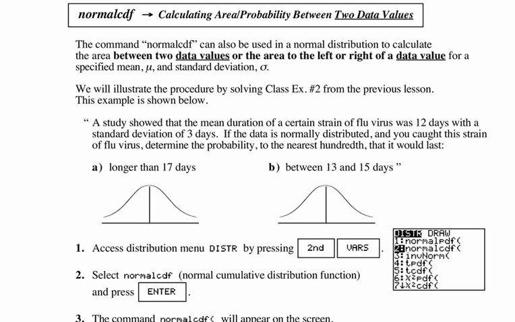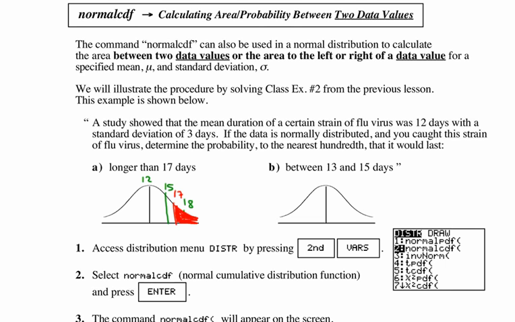We asked, what's the probability of it lasting longer than 17 days? So we set up our chart. Our mean was 12 and our standard deviation was 3. So 15, 18, 21. And so we want it longer than 17 days, so all of this area here.